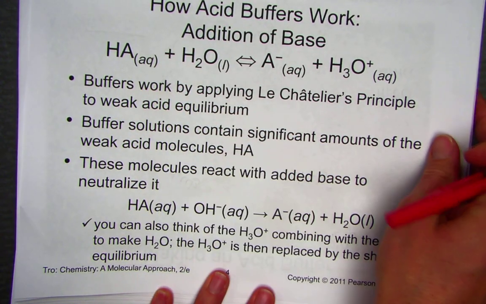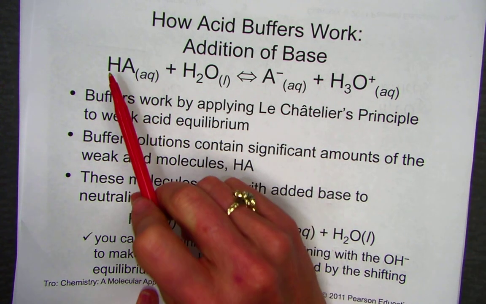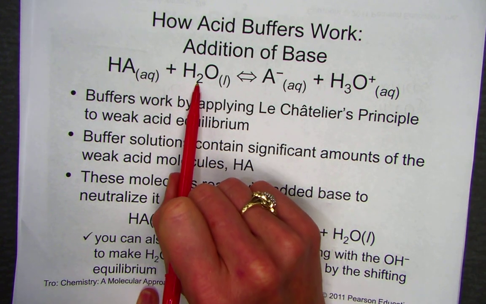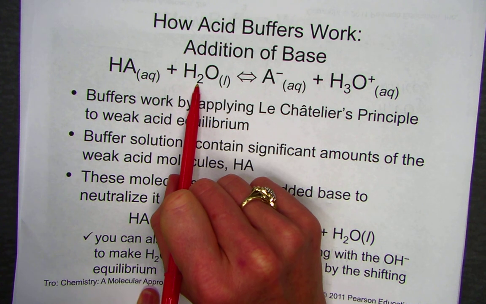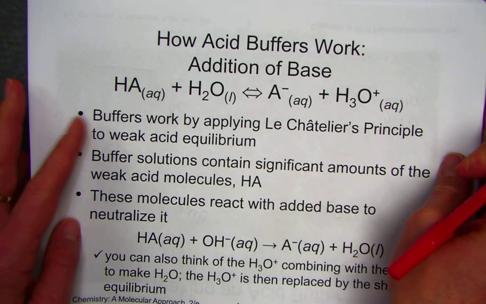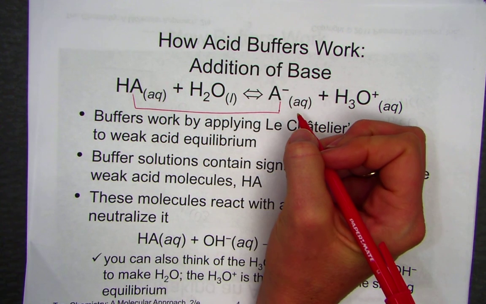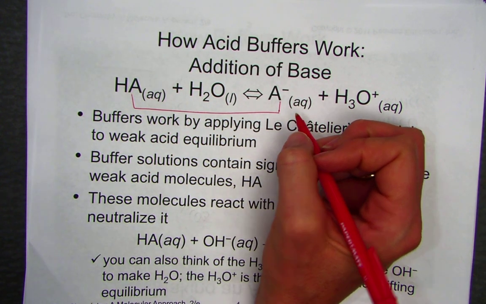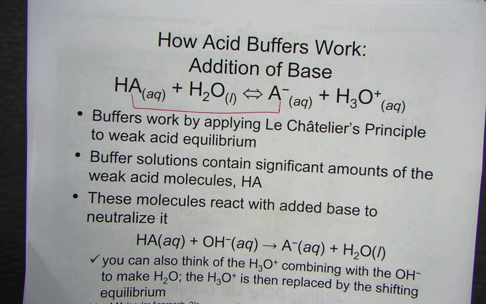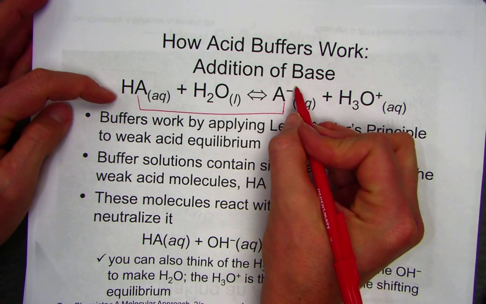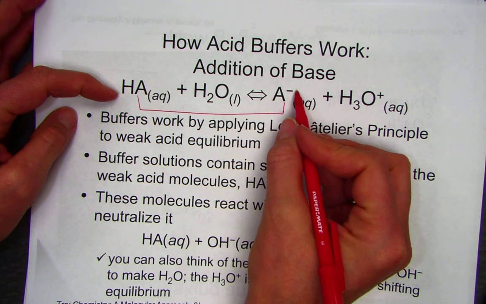Let's suppose then we have a weak acid. We'll just call that HA. And I place that into water and we see a proton transfer. The proton transfer says HA and A negative. And this A just stands for any last name, the anion on a weak acid. The anion, A negative. These two are conjugate pairs.